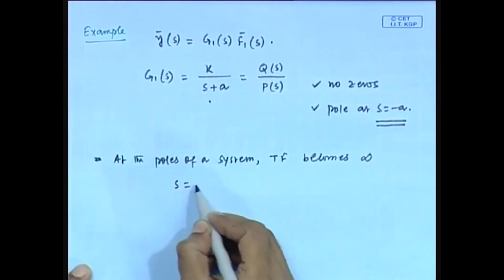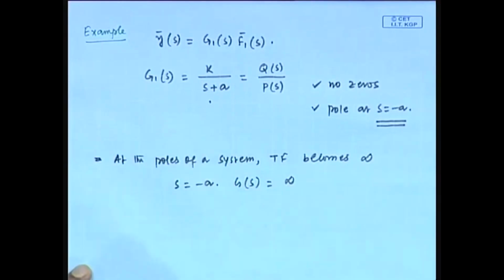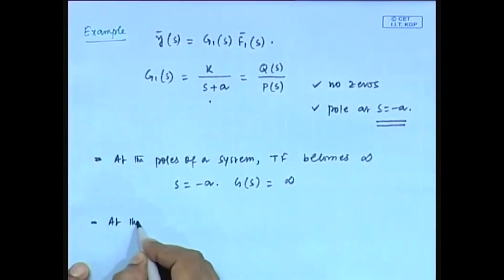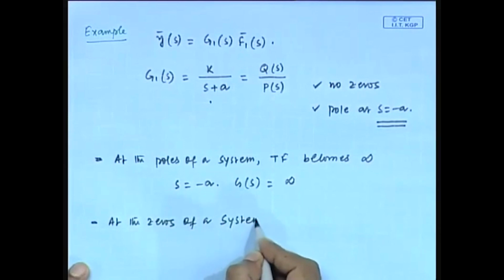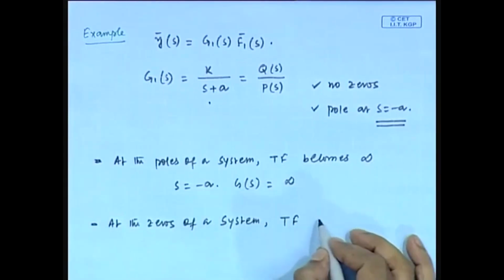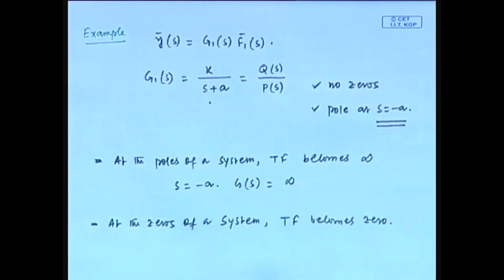If we put s equals to minus a, then G(s) becomes infinity. In a similar way we can say, at the zeros of a system the transfer function becomes 0. So, these are the concepts of poles and zeros.